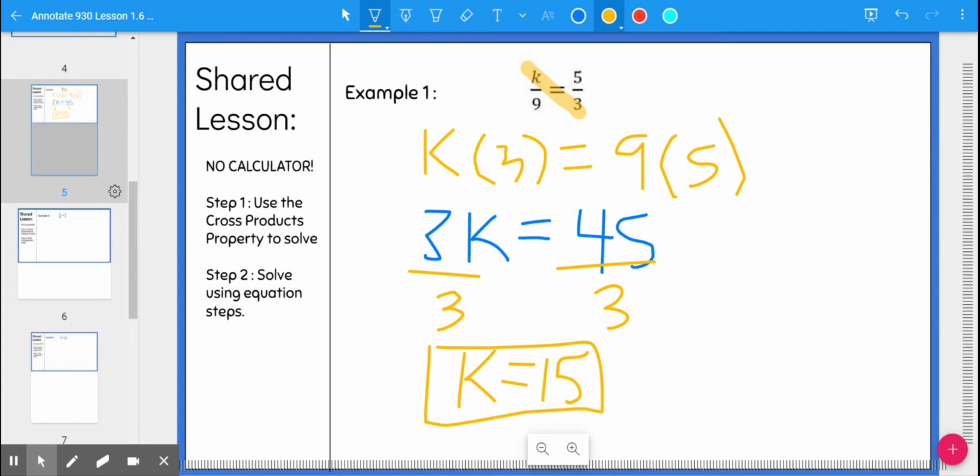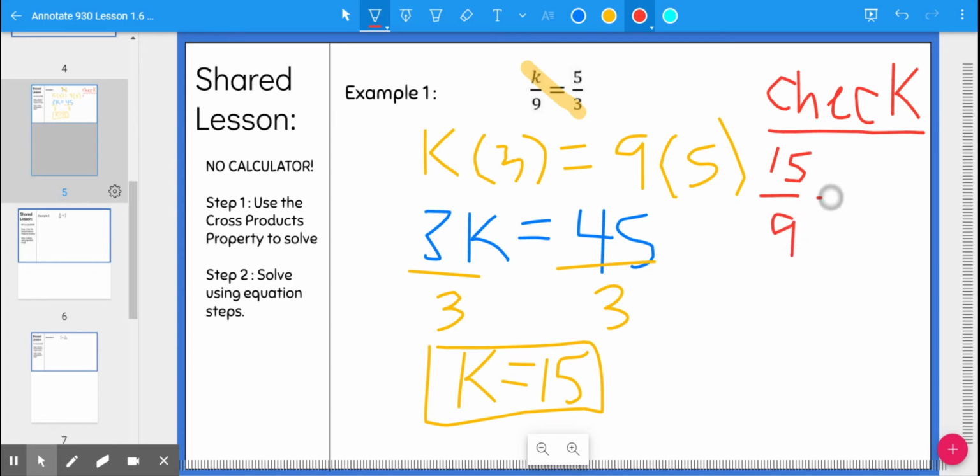Now, if you wanted to check your answer, you can. I'm not going to check every single one today, but I will show you how to check this first one. So you would just plug our value in for k, which is 15. So we would have 15 ninths is equal to 5 thirds.